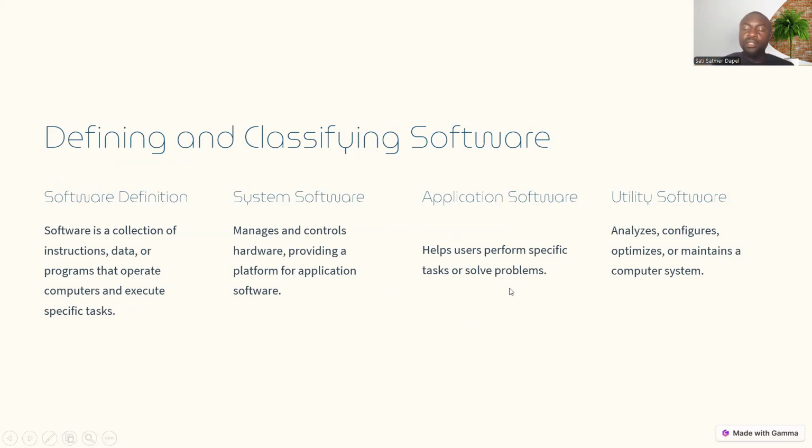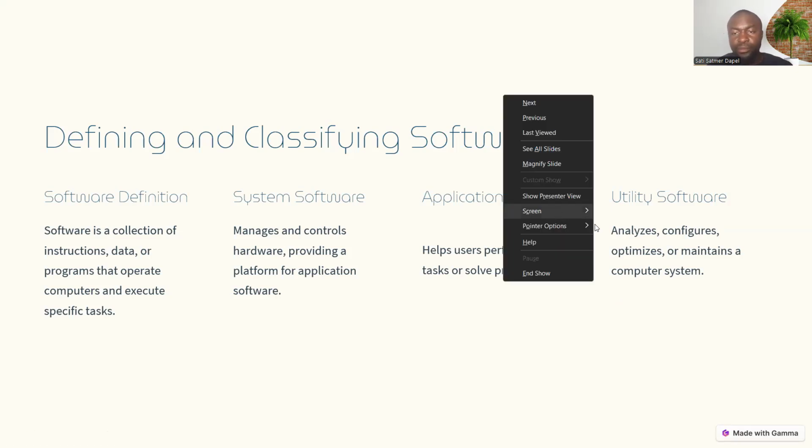And we saw that in the hardware, we have the input devices, processing devices, storage devices, and output devices. Now, all these hardware that we listed in the last class will not be able to function without a software. What then is a software?